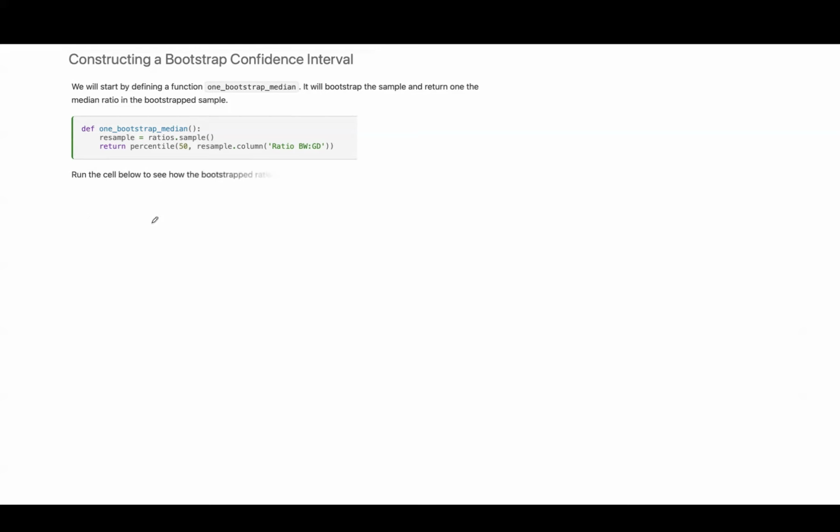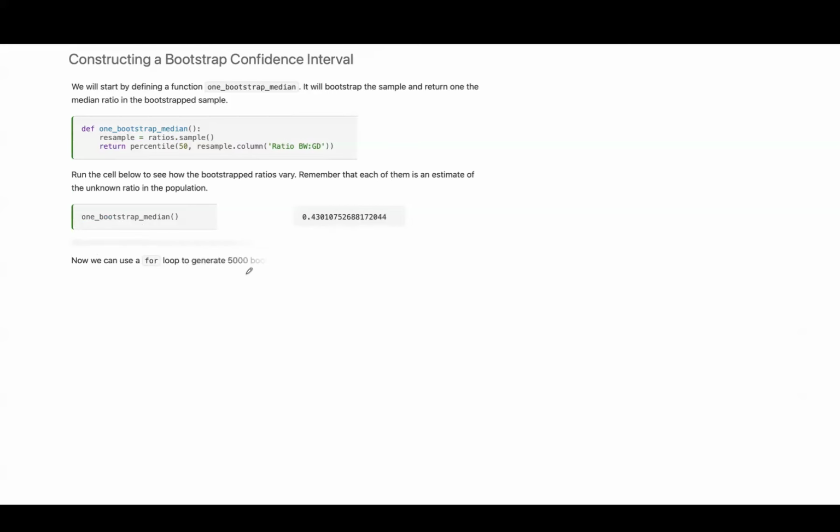Feel free to run the following line of code. And please note that you're going to get different values than what you see here, because this is just resampling. If I run this line of code, I get 43%.